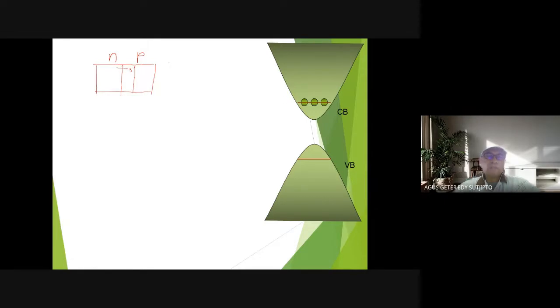So that is the diffusion length of the electron. On the other hand, the holes from the P region diffuse to the N. Then we create the space charge, and then we develop the voltage.